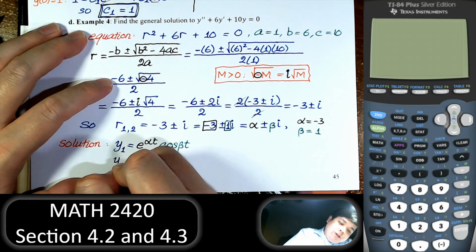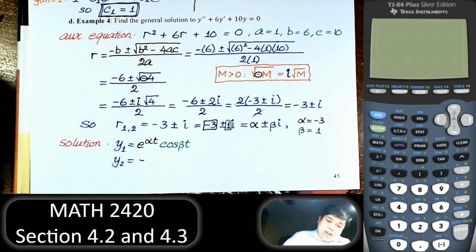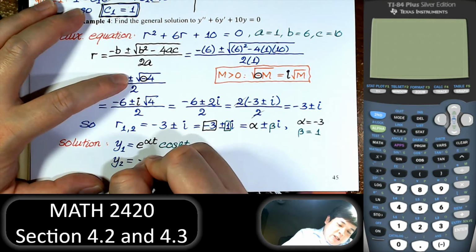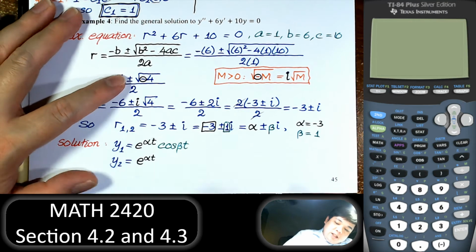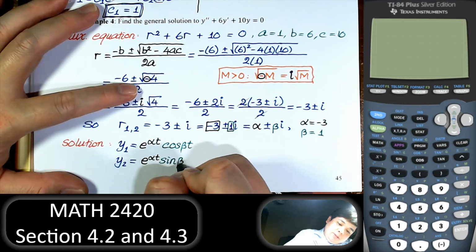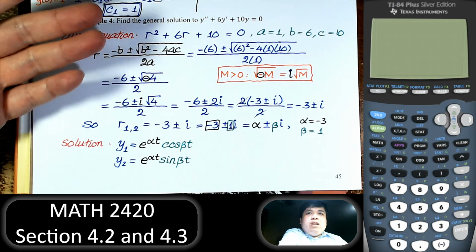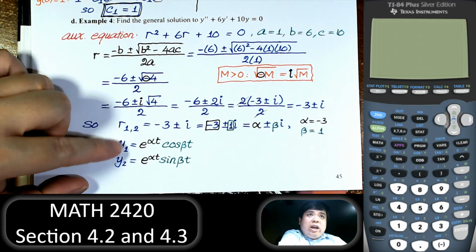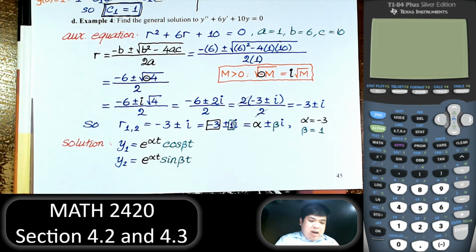Or y2 equal to e to alpha t, and then sine. So pretty much one of them is sine, one of them is cosine. You can interchange 1 and 2 here. It doesn't have to be that y1 is cosine and y2 is sine. Of course, you can switch them.